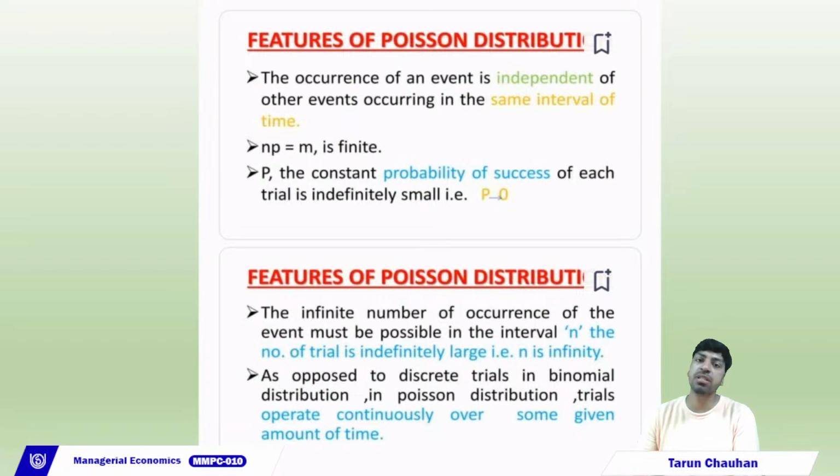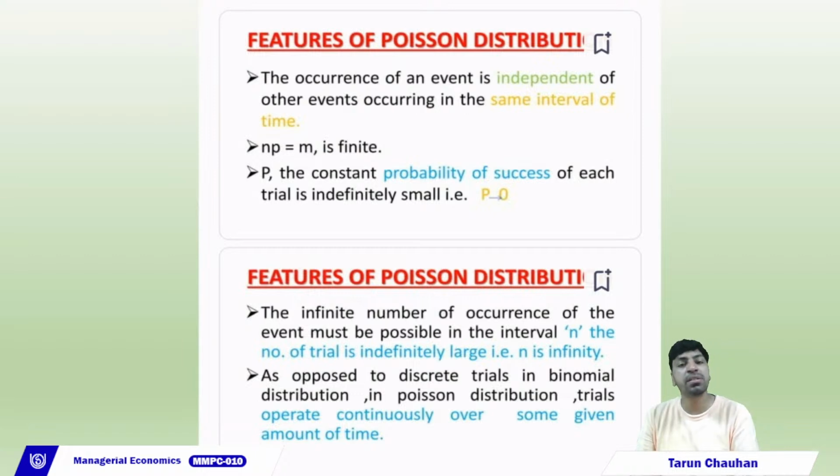These are the features: the occurrence of an event is independent of other events. That is the Poisson distribution, where independence is always there, and the time period would be the same, where n and p, with np equal to m, is finite.